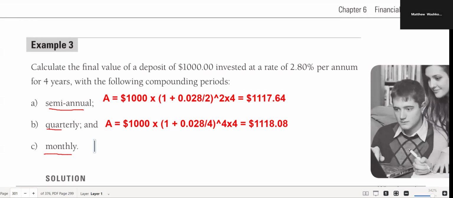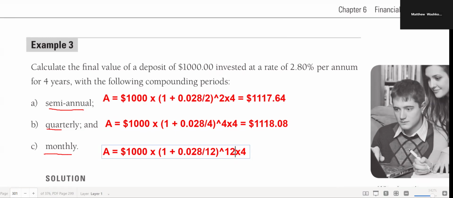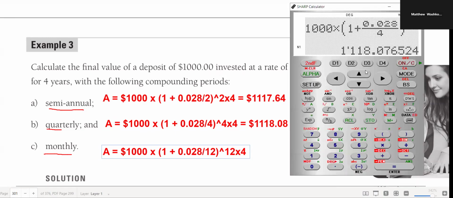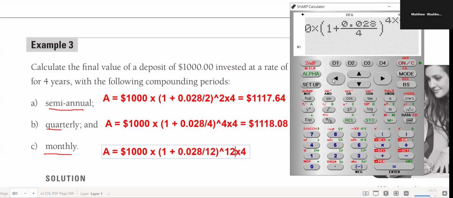Now let's do it monthly, right? So now, copy and paste this in here. So now instead, it's being compounded 12 times a year, right? So now I go back into it.